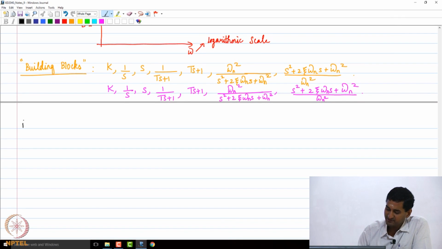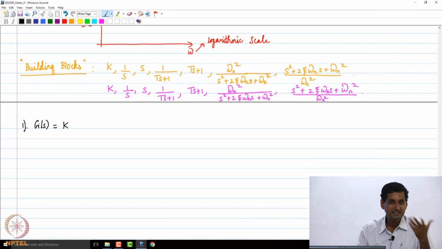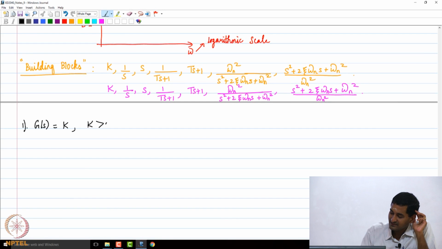Let me start from the first block. Let me use the symbol g of s to say that it's any generic complex valued function. Anyway, k is a real number, so of course k is greater than 0, otherwise I can't take logarithm. So let's say k is greater than 0. Now what happens if I want to plot the Bode diagram?